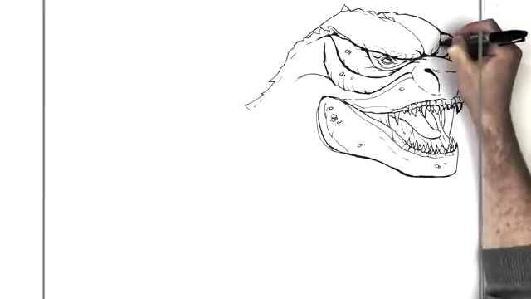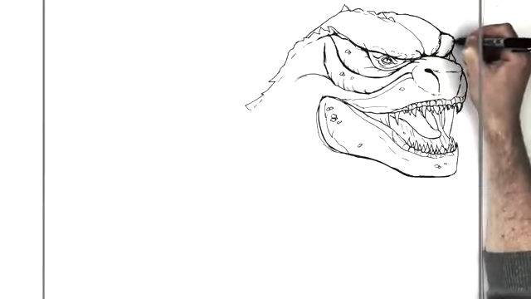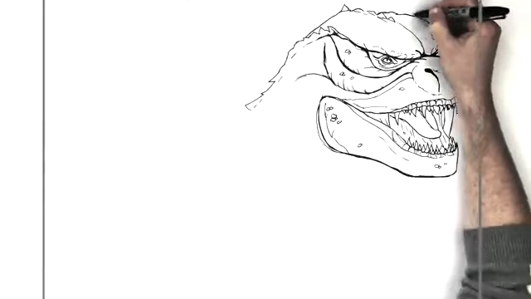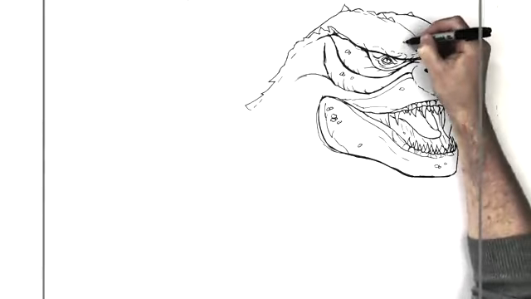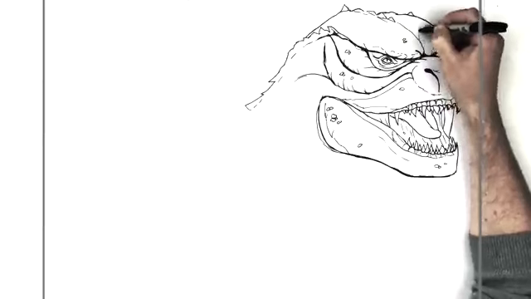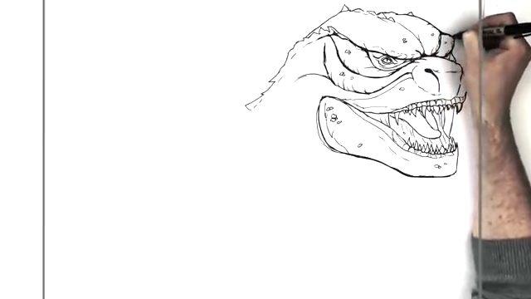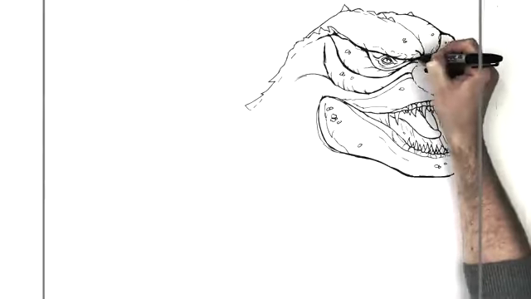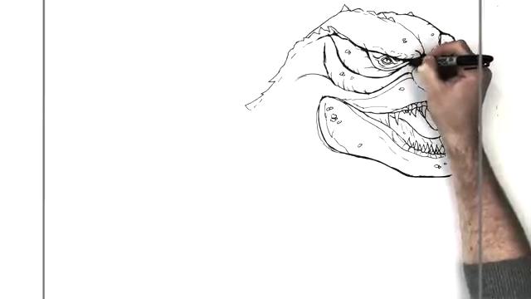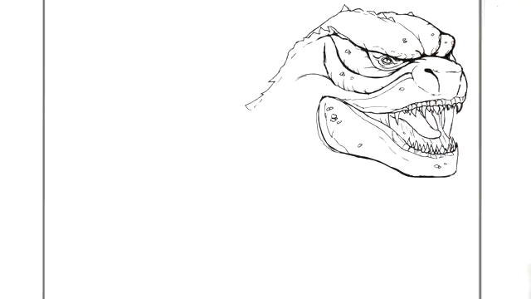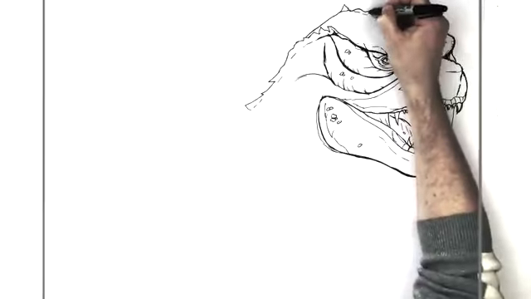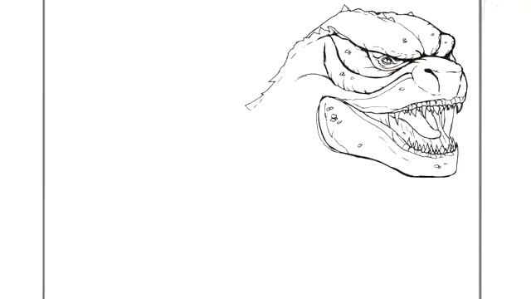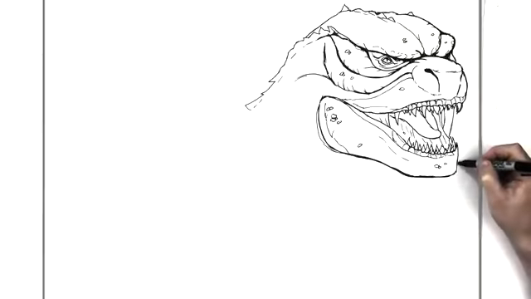And again, you can add texture lines and things to this, scale lines, maybe some horns, mostly in shadow though on this side. Thick shadow maybe just around the eye, maybe shading some of that in, like so. Right, he's got some drool coming off his mouth.